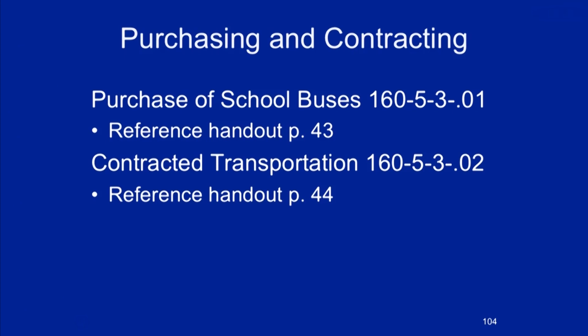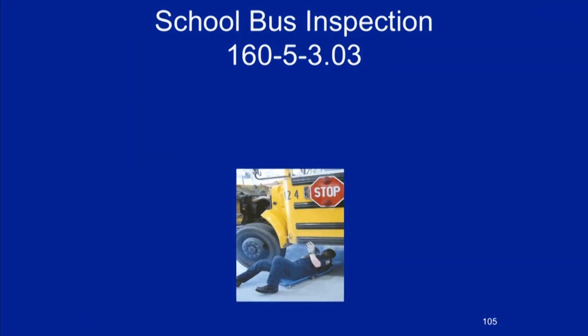So again, remember we were talking about that 20 code earlier. These are more specific regulations relating to the rules and the obligations under the 20 code. So that's what that is. Again, we're not going to ask you questions on that. As bus drivers, we really don't have to concern ourselves with that. But do be aware that the school districts must be focused on that and concerned about it.